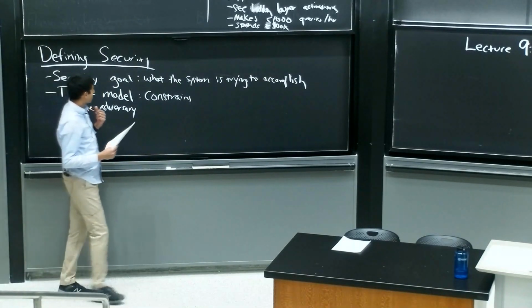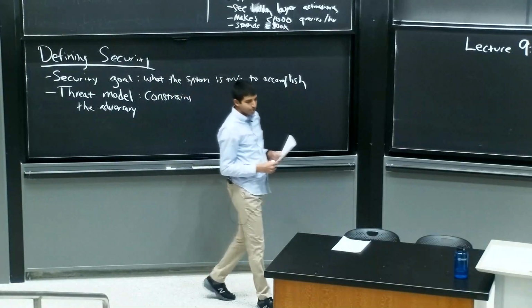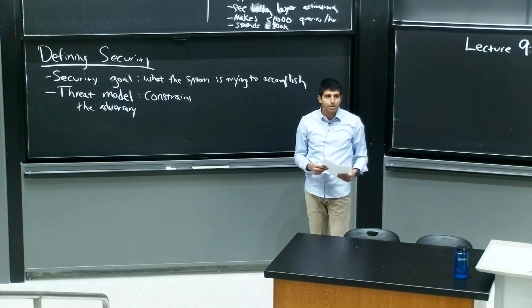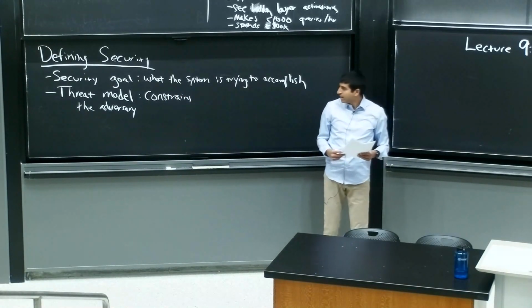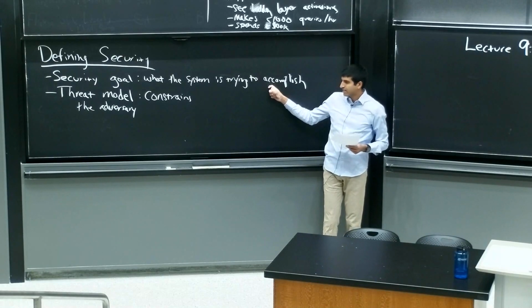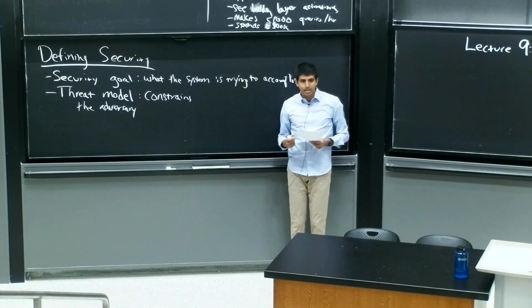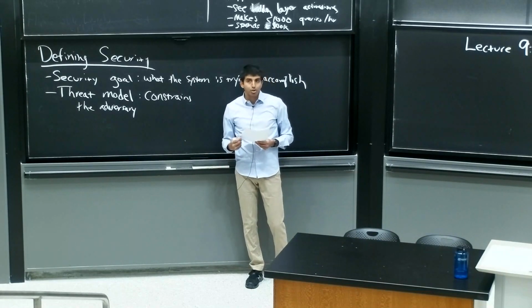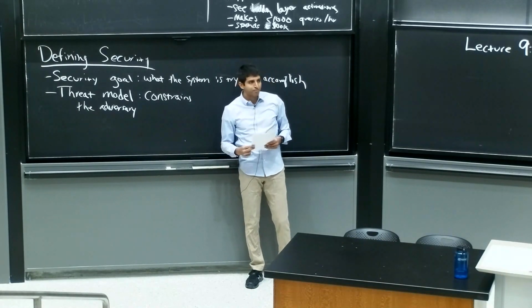So now going back to this whole definition of security and security goal and threat models, now once we have these pieces, we can define what it means for a system to be secure. A system is secure if its security goals are satisfied in the presence of an adversary that is constrained by the threat model. And this has to hold for any possible adversary. Right?